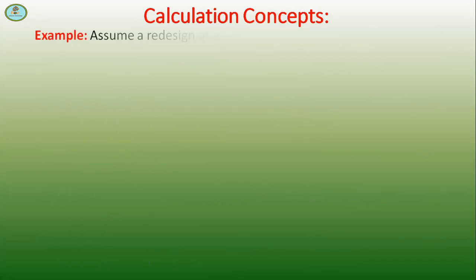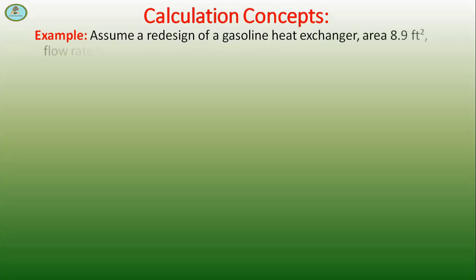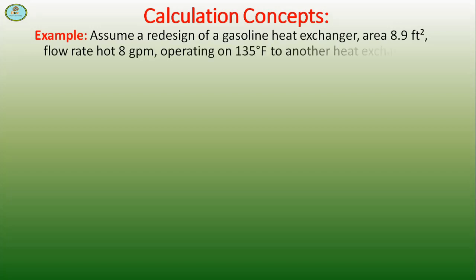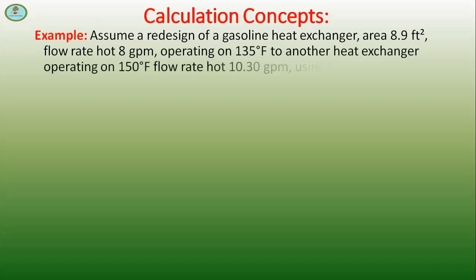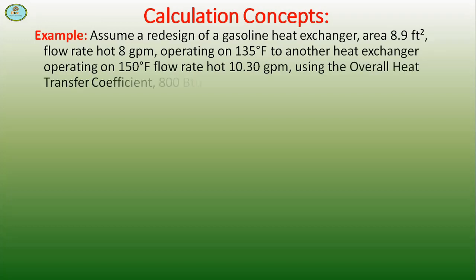Example, assume a redesign of a gasoline heat exchanger, area 8.9 feet square, flow rate hot 8 GPM, operating on 135 degree Fahrenheit, to another heat exchanger, operating on 150 degree Fahrenheit, flow rate hot 10.30 GPM, using the overall heat transfer coefficient 800 BTU per hour feet square degree Fahrenheit.